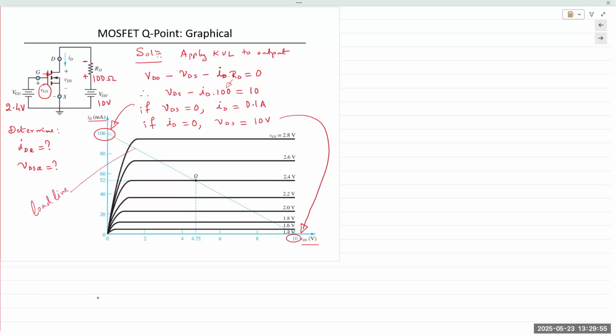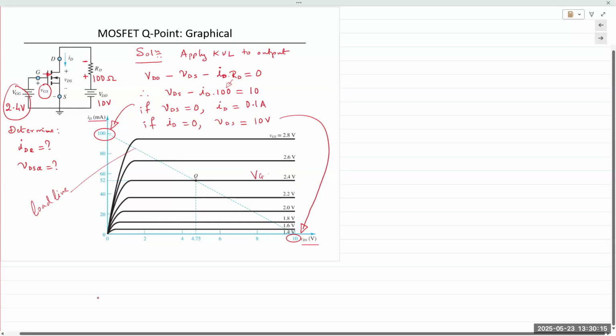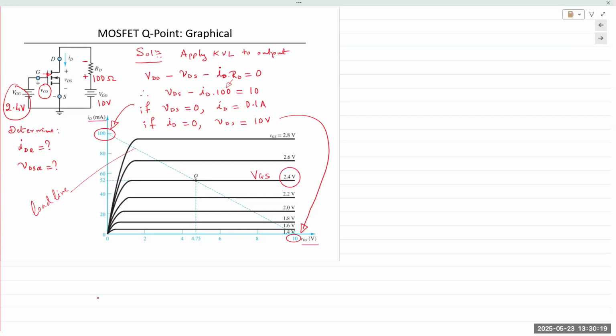And we are asked to determine for a value of 2.4 volts. And so VGG, which has a value of 2.4 volts, has a line right here. Now, there is no source resistance.